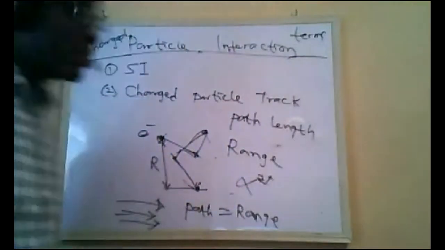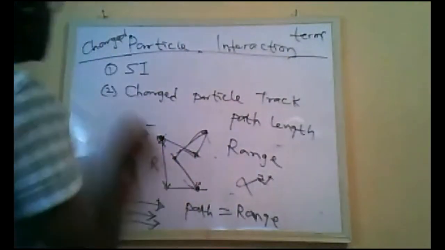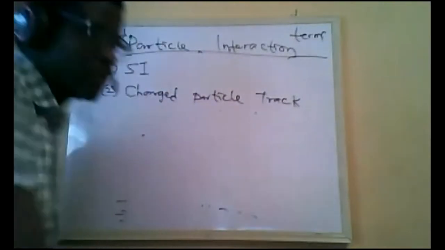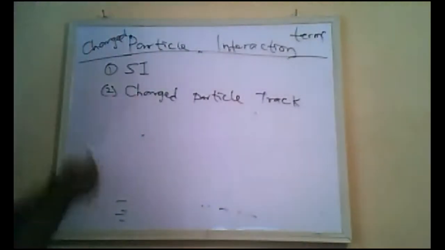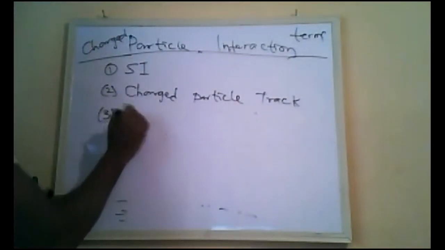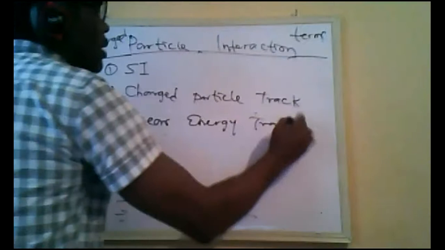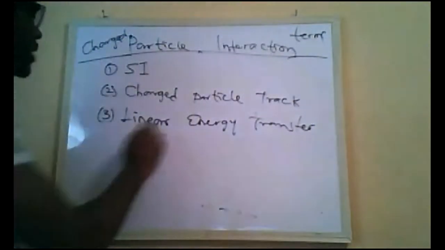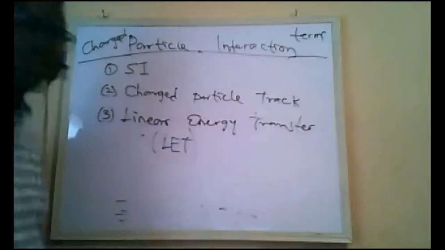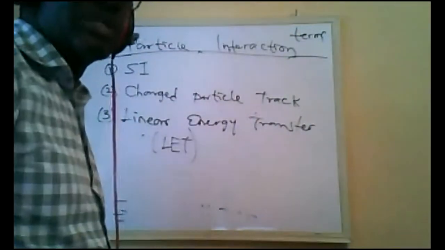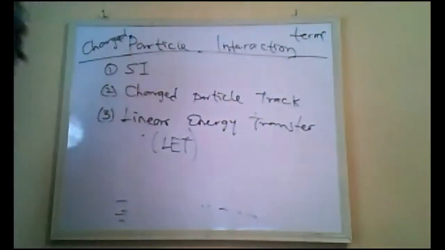Linear energy transfer, or LET, is just the energy deposited in the tissue per unit length as a charged particle travels past it.